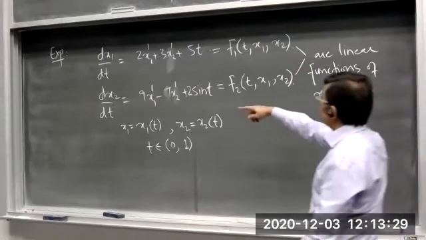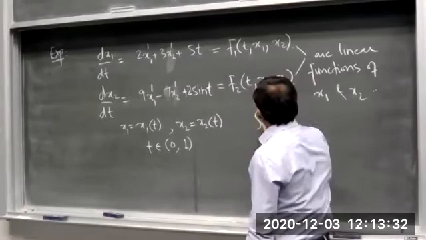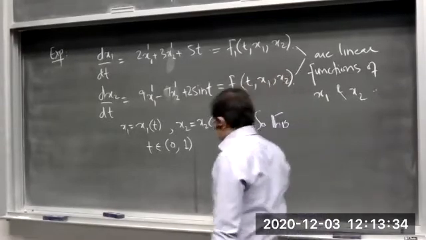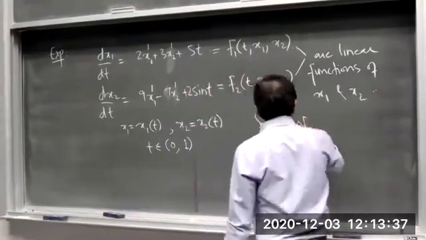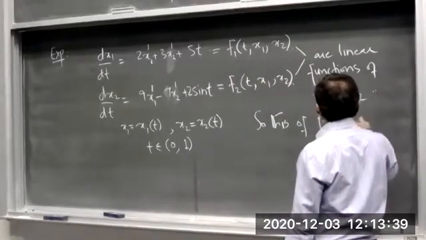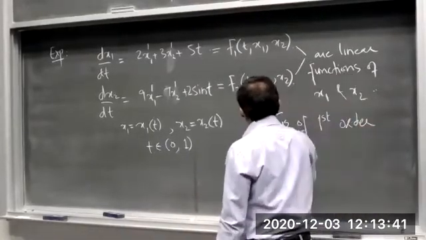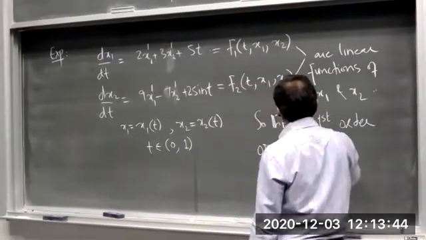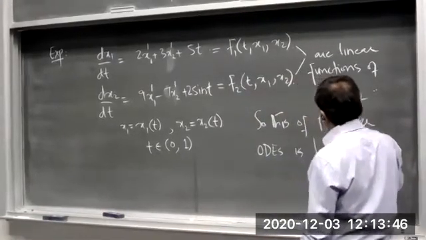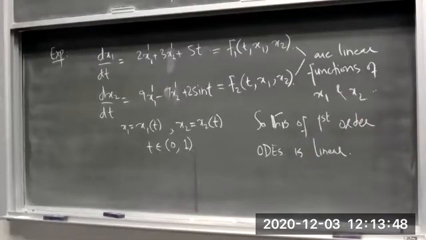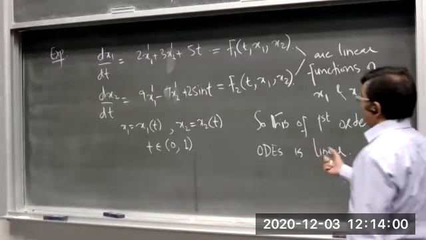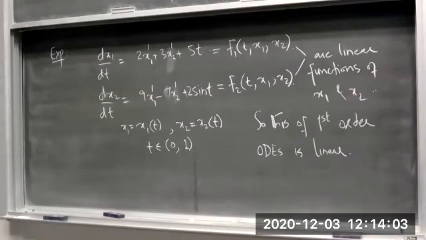So this system of first order ODEs is linear. If a system of first order ODEs is linear, then we can write it in a matrix form.